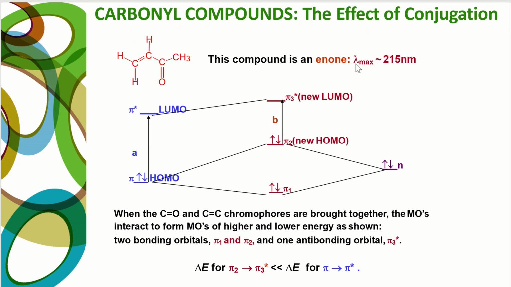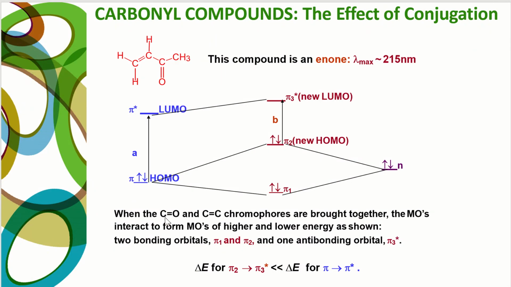So it's an enone, and the lambda max is roughly 215 nanometers. So here you have a typical double bond, and when you extend the conjugation, again you have a new HOMO and a new LUMO, and the change in energy between these transitions is now much less.